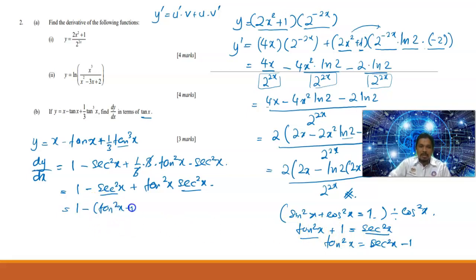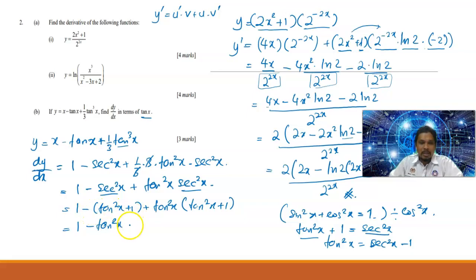Tangent square x plus 1 plus with tangent square x and another secant, which is tangent square x plus 1. Okay, now 1 minus tangent square x minus 1 plus with tangent square times tangent square, tangent to the power of 4 x plus with tangent square times 1 equal to tangent square x.